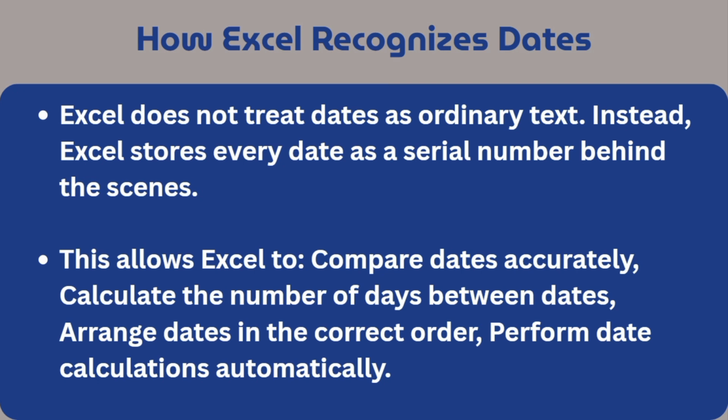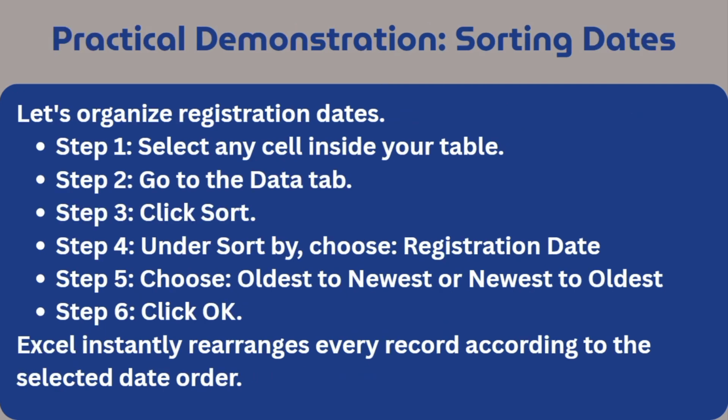Instead, Excel stores every date as a serial number behind the scenes. This allows Excel to compare dates accurately, calculate the number of days between dates, arrange dates in the correct order, and perform date calculations automatically. So it means Excel must have formatted that column as dates. For you to sort, you follow the normal practical demonstration.